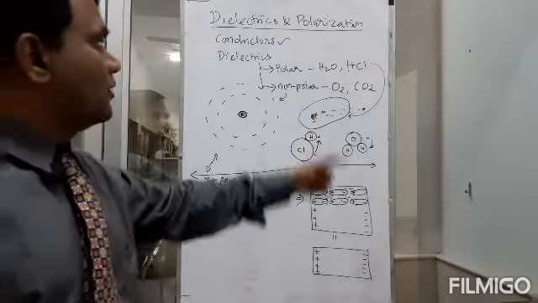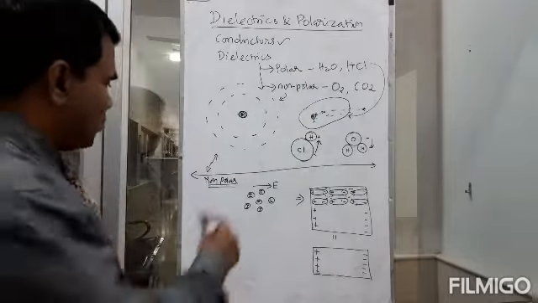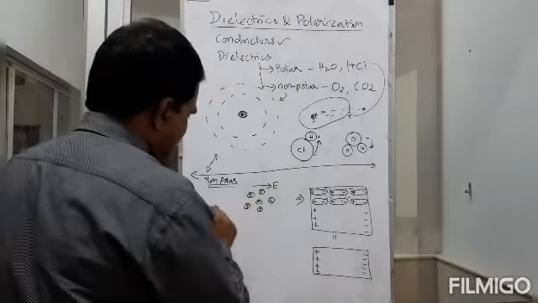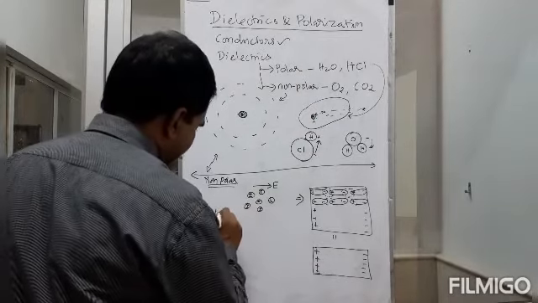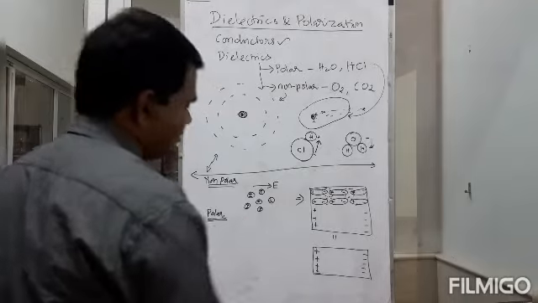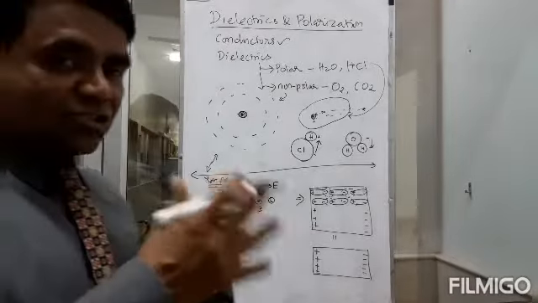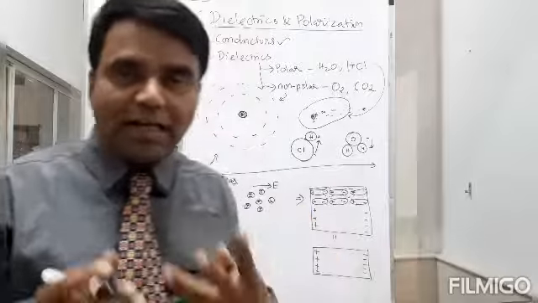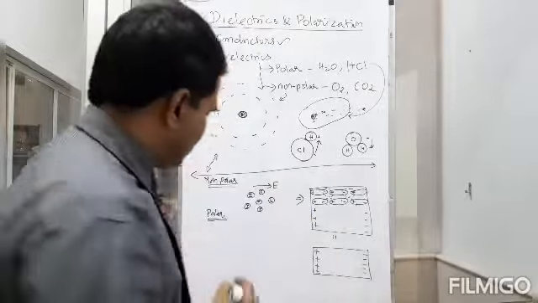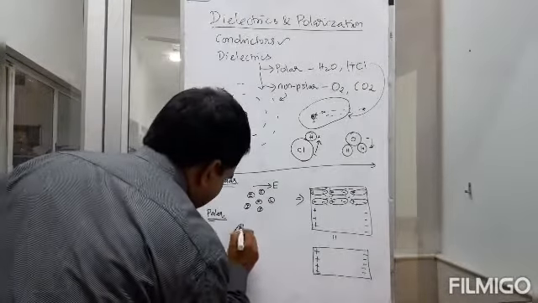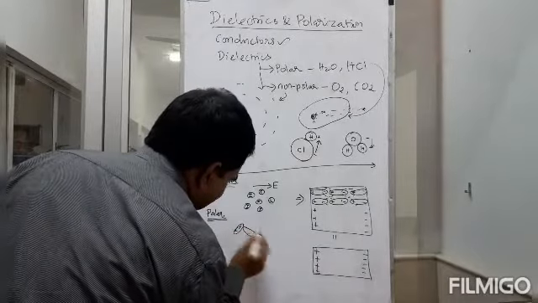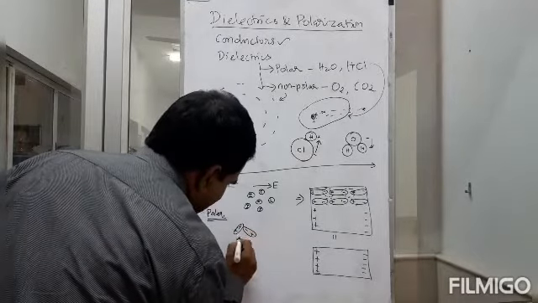And what about the polar materials? If you take polar substances, each molecule will naturally have a dipole. So each molecule will have a dipole, so it's plus, minus, but they're randomly oriented.